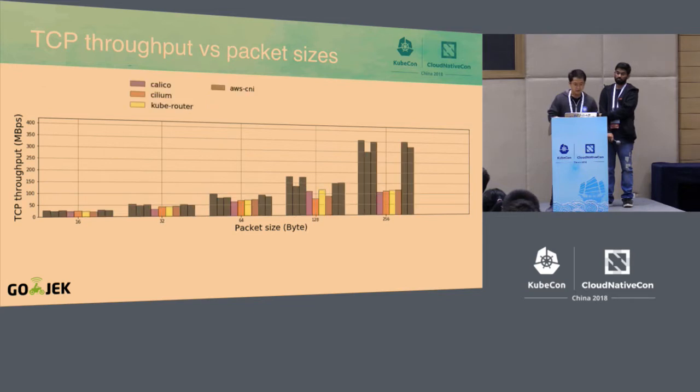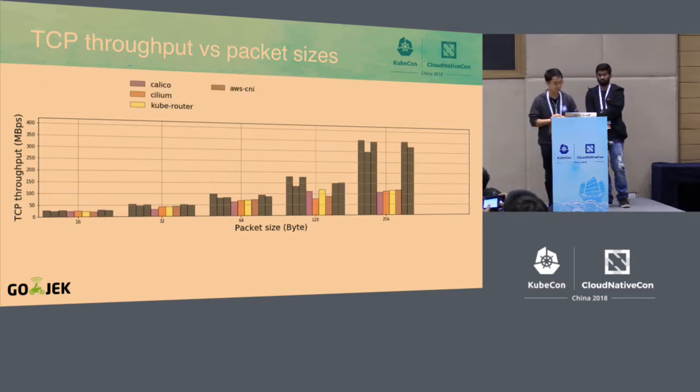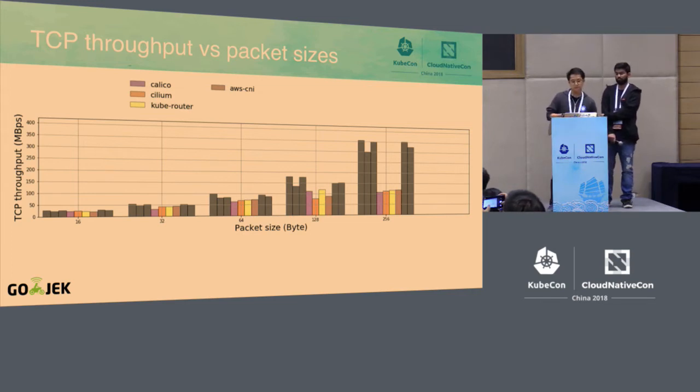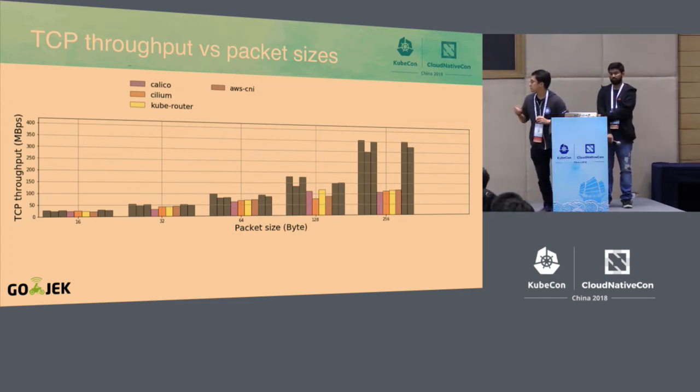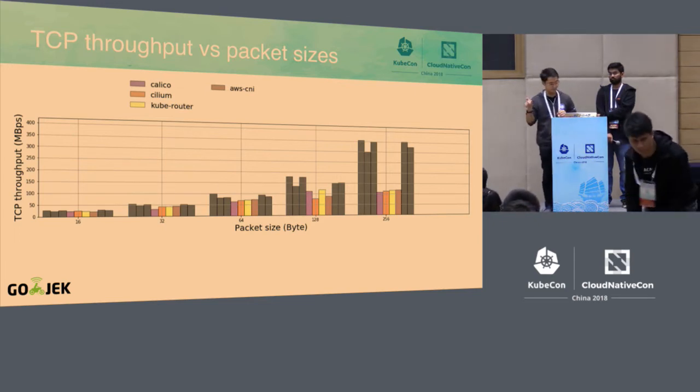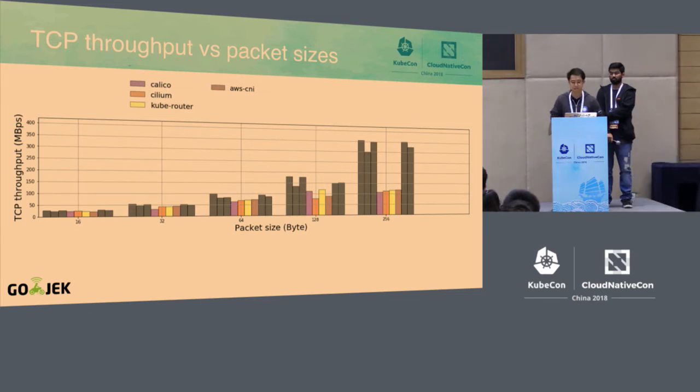However, for these four, we could see they suffer considerable loss, especially when we increase the packet size from 128 to 256, the throughput level is quite similar here.